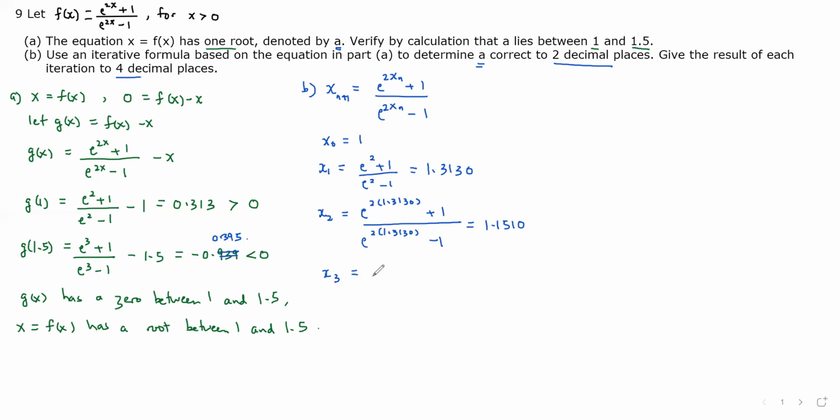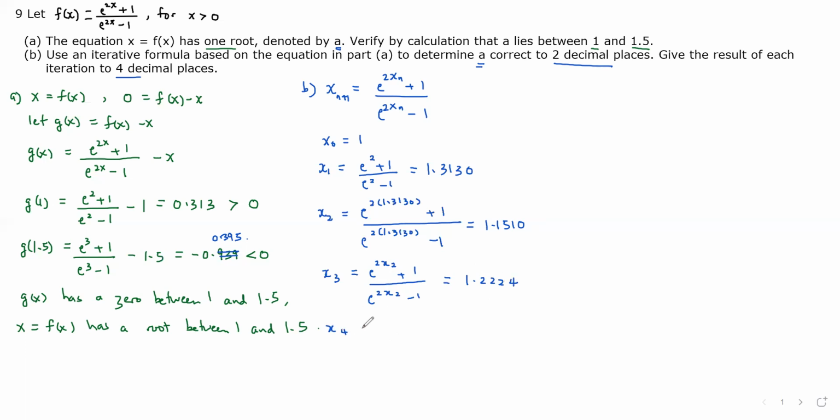Then for x sub 3, we have (e^(2 x sub 2) plus 1) over (e^(2 x sub 2) minus 1), using the value of x sub 2. So x sub 3 to 4 decimal places is 1.2224.